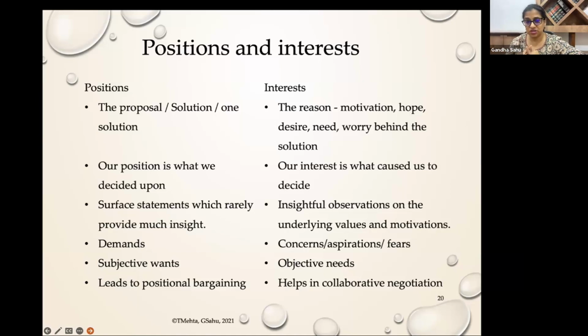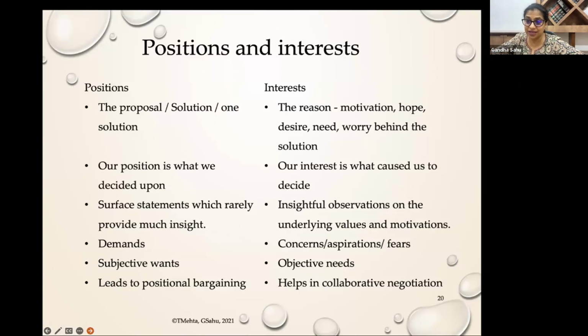The interest is the reason, motivation, hope, desire, need, worry behind the solution. And that can be anything. Sometimes it is respect, or lack of respect. I gave you the example of that case which I just spoke about, where that individual wanted recognition and belonging to the family.